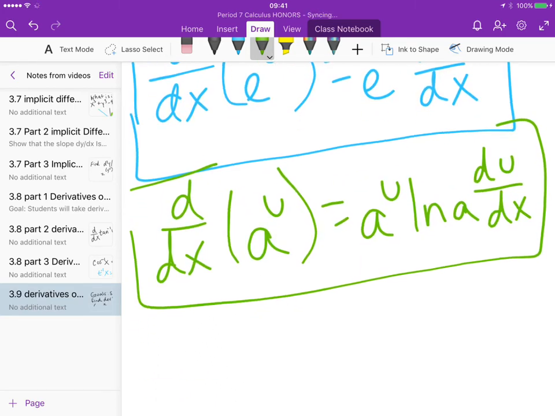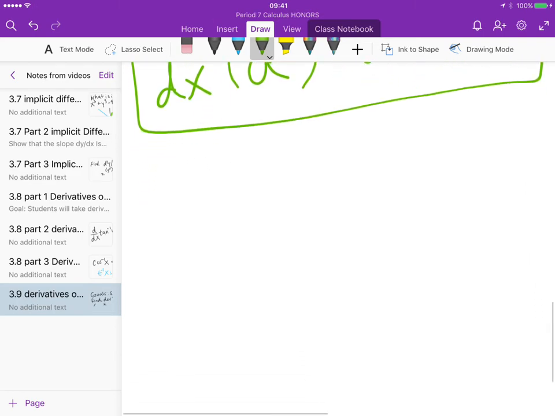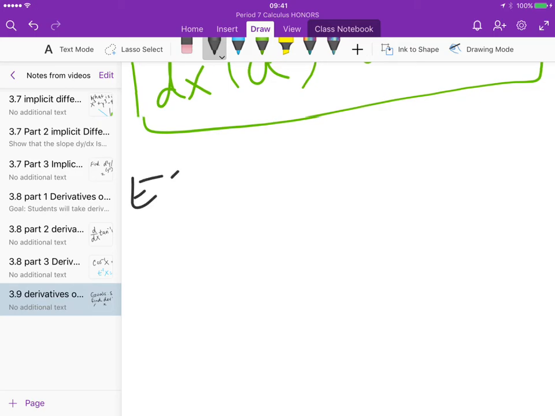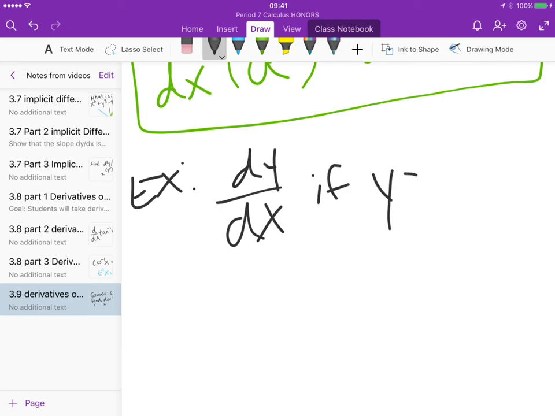So let's take a quick example of using our e^u derivative formula that we just looked into. Let's say we want to find dy/dx if y equals e to the x plus x squared power.